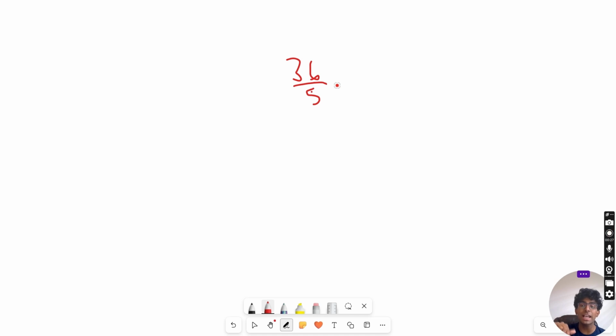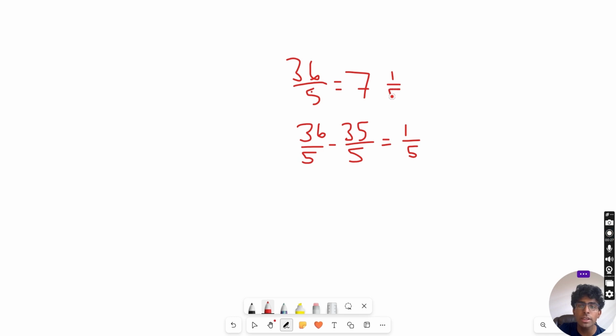So 35, it needs to be less than the actual number you're dealing with. So 35 divided by 5, that is 7. And then to find the proper fraction component, 36 over 5 minus 35 over 5. That gives us 1 over 5. So that would be the proper fraction component. 7 and 1/5, that would be your mixed number.